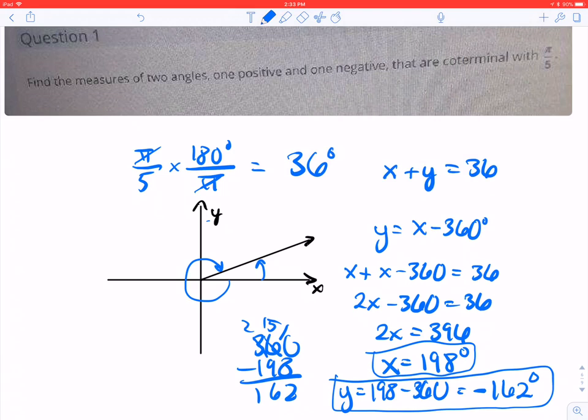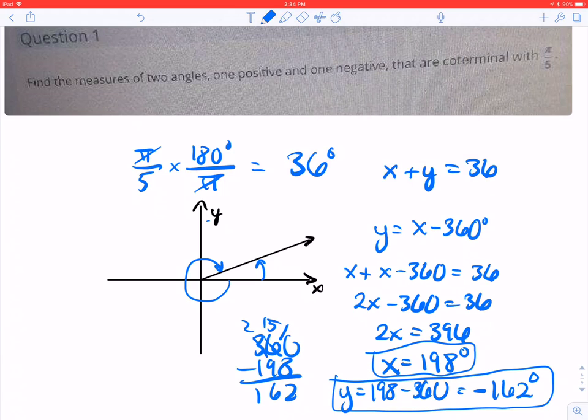If we wanted to be coterminal with 36 degrees, it needs to finish at 36. So we can do 36. I don't know why I added them up to 36.